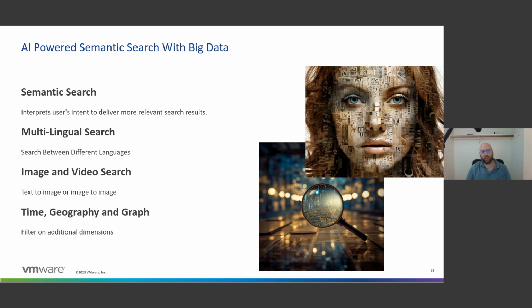So, for example, if we had thousands or hundreds of thousands of documents in multiple languages combined with images and videos, we could search through one interface in English or in whatever your native language is and find the relevant meaning with the various filters.